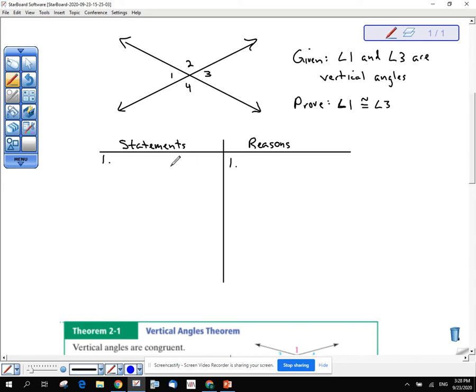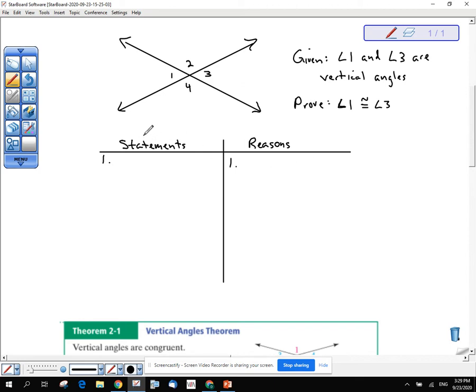Okay, so the given should be what we always start with. If they give you givens, I think you should just put them right into the proof from the start. Our book takes a little bit of a different approach than that, but this is what I think you should do. All right, so first of all, everybody should be able to make this wide T-chart. It's not a T-chart like you did in a previous class where it's narrow. Make it nice and wide because we're going to write words in here, okay?